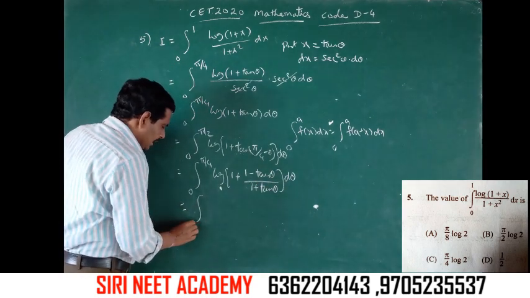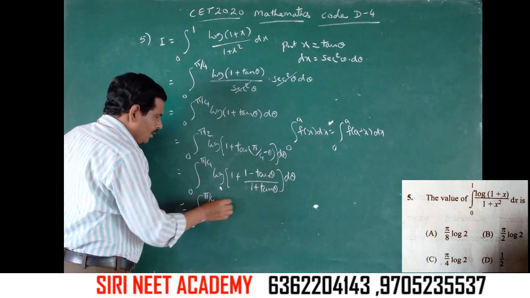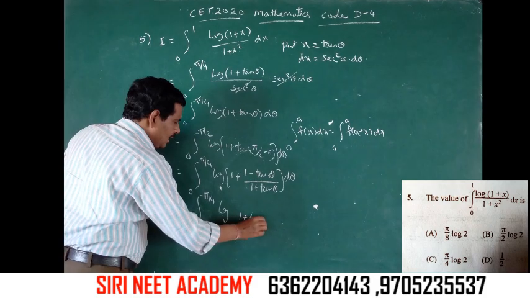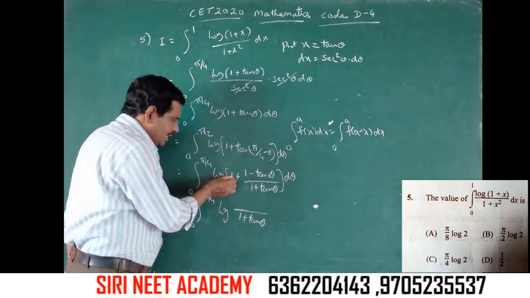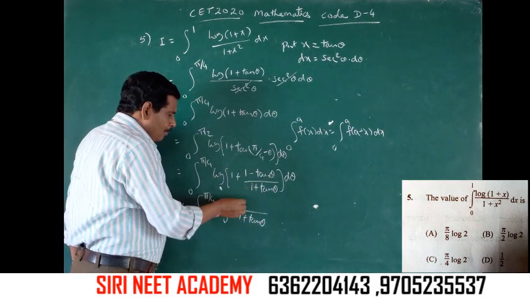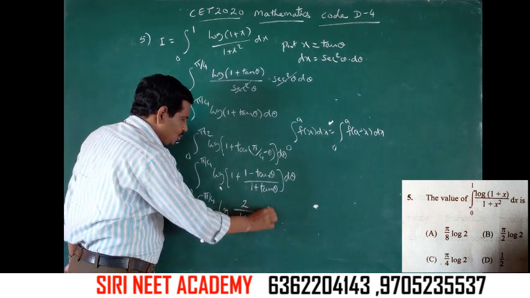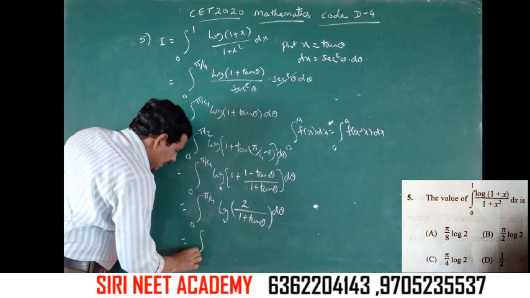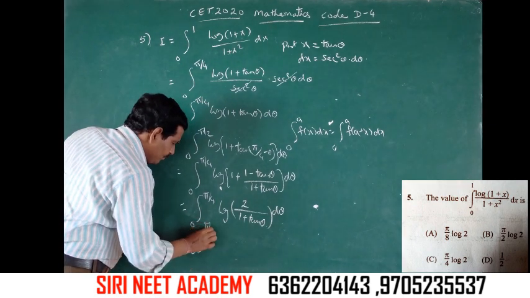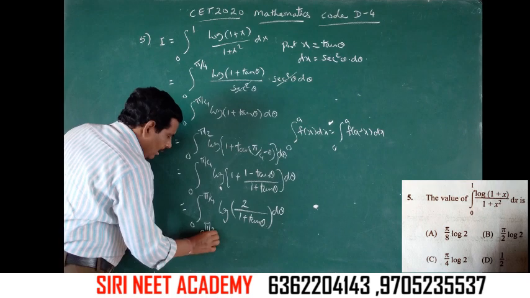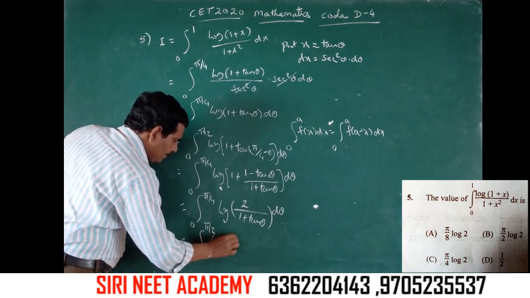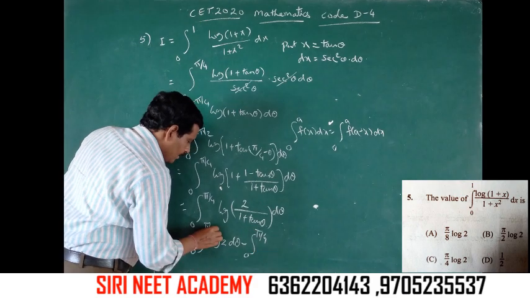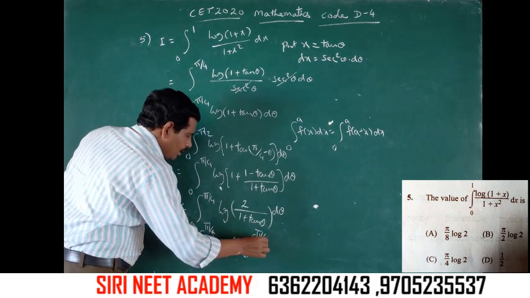That is equal to integral 0 to pi by 4. Here the denominator is 1 plus tan theta and the numerator is 1 plus tan theta plus 1 minus tan theta; plus and minus cancel, 1 plus 1 is 2, d theta. That is equal to integral 0 to pi by 4 of log(a by b), which is log a minus log b.